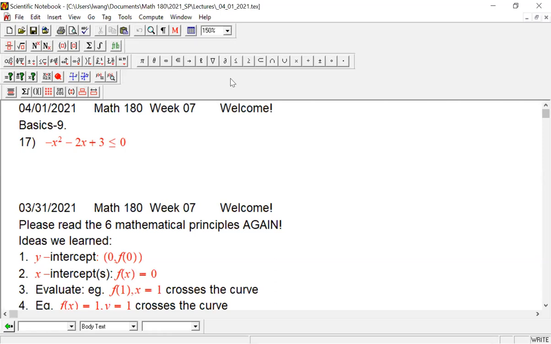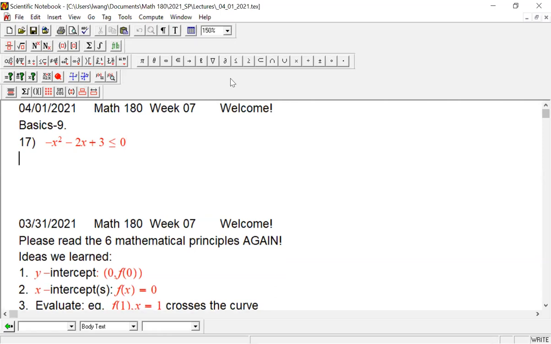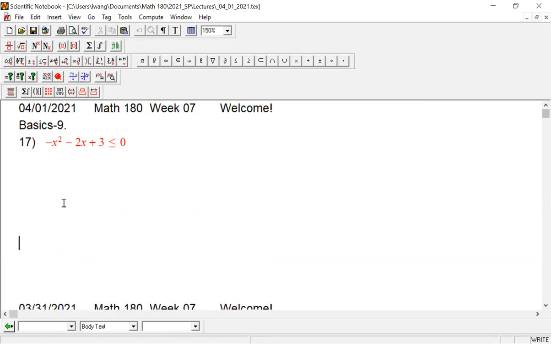There are a variety of ways to handle this. And of course, the first question you might be asking is, could I factor this? If we cannot factor, we just treat it as a quadratic function, and we want the quadratic function to be less than or equal to 0.